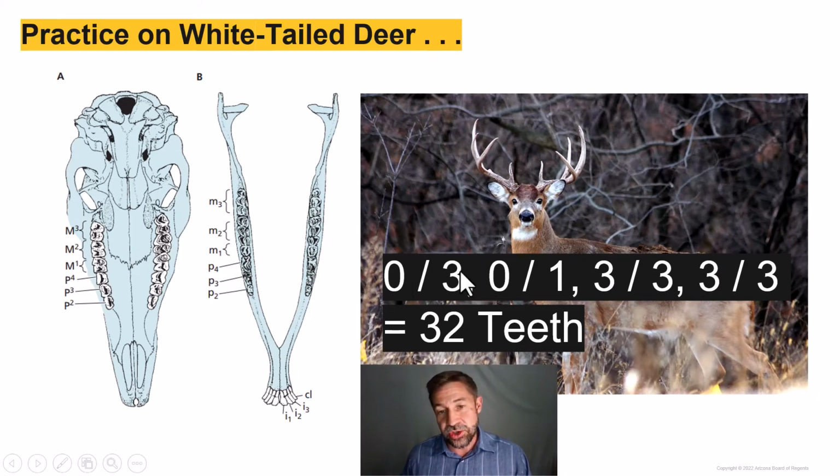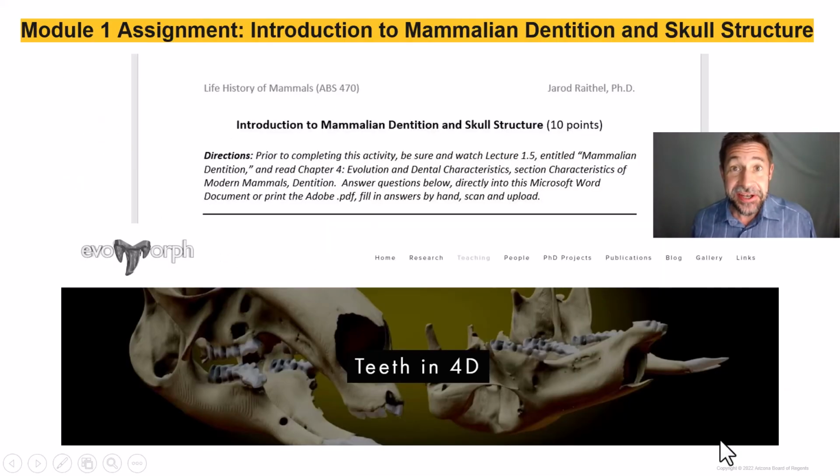To get the total, of course, you're going to sum those and multiply by 2 because we're just doing one side of the jaw. Fear not. You are going to get some more practice with both skull identification and dental formulae on your assignment this week. So you're going to check out this beautiful website entitled Teeth in 4D.